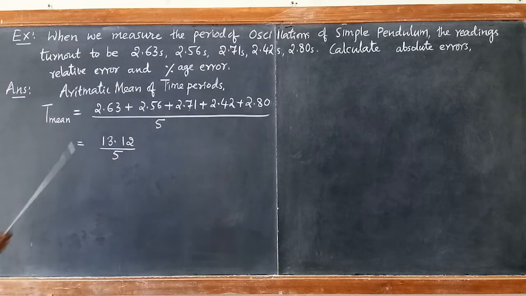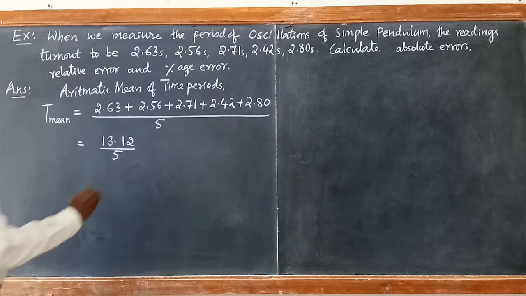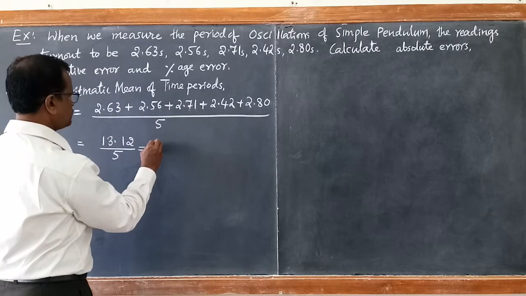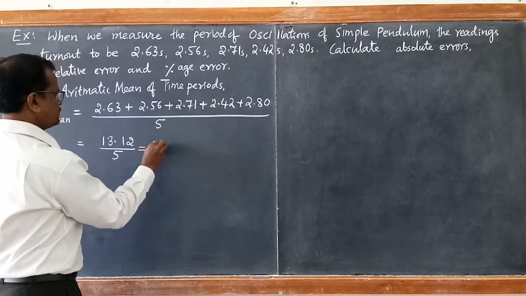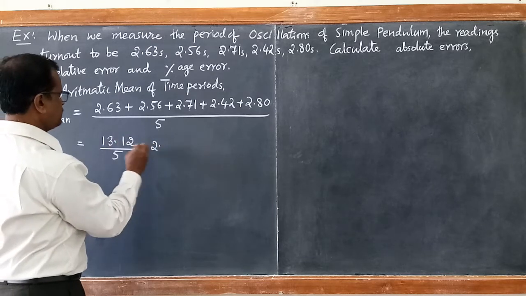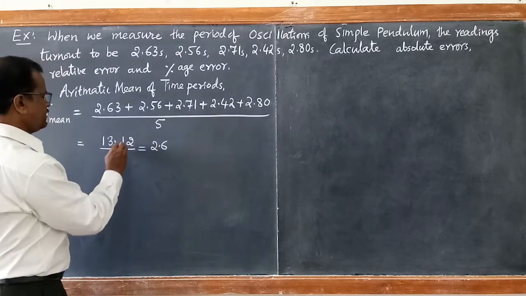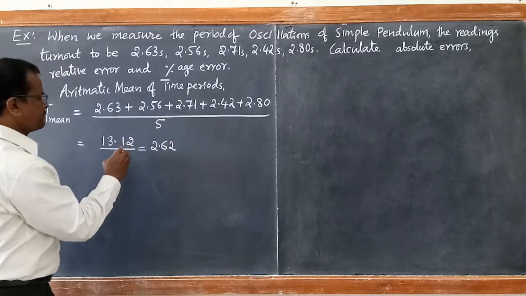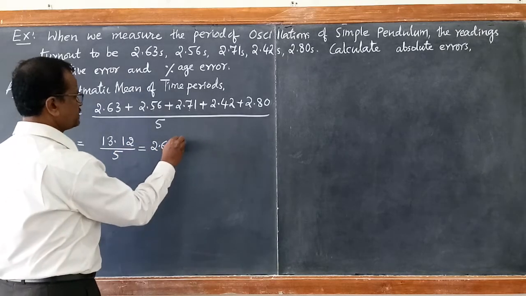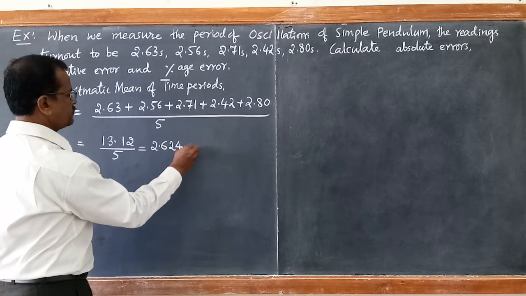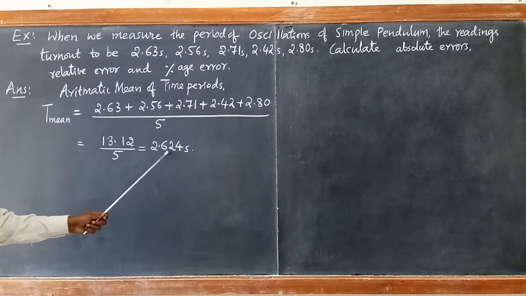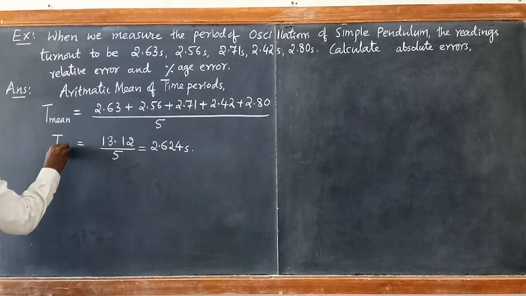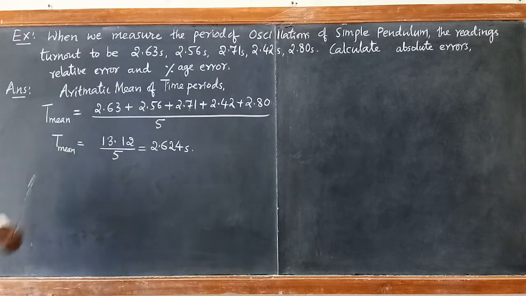So this gives us the mean value of time period for 5 observations. 5 2s are 10, 3 remains, 31, 5 6s are 30, then 1 remains, 12, 5 2s are 10 again, 2 remains, then 5 4s are 20. So it becomes 2.624 seconds. This becomes the arithmetic mean of all the time periods.